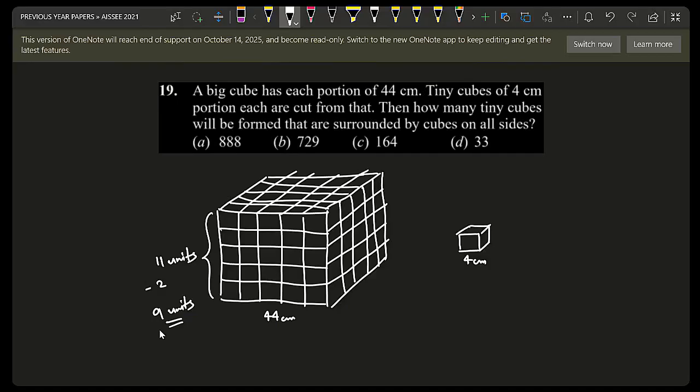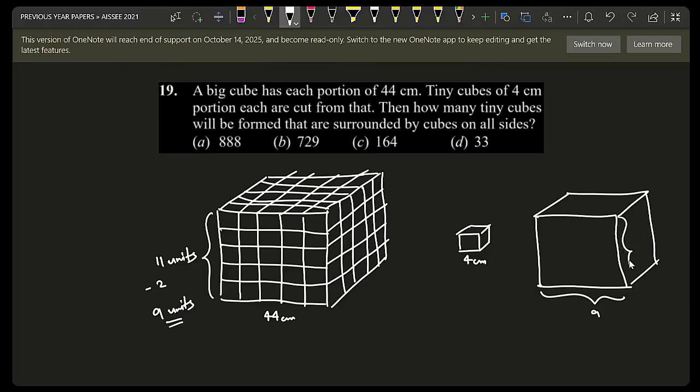Like that, on every face 2 units are deleted when I remove the outer layer. So in the innermost cube, 9 units, 9 units, 9 units are left. The number of cubes we can count easily now: 9 times 9 times 9, that is 9 cubed, which is 729. That is option B.